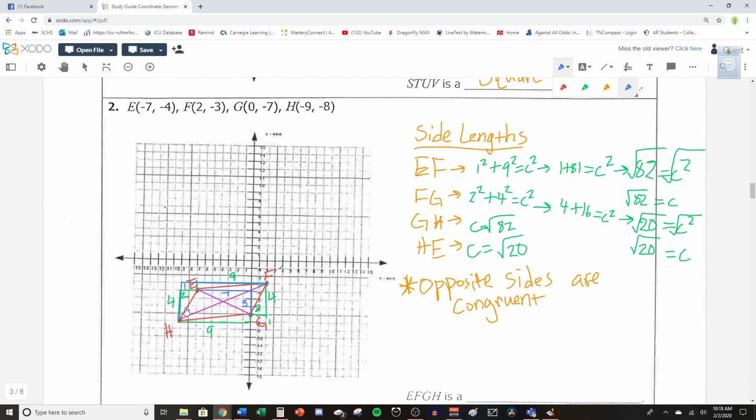And that distance, we're going 1, 2, 3, 4. That's 5. And then 1, 2, 3, 4, 5, 6, 7, 8, 9, 10, 11 for that distance. So you can see that the diagonals are not congruent. So diagonals are not congruent.